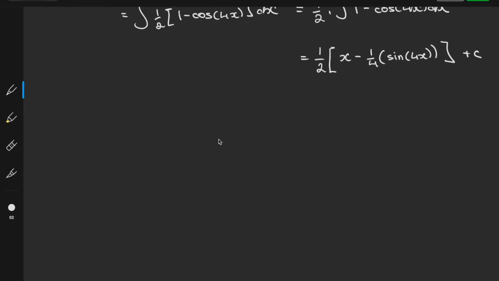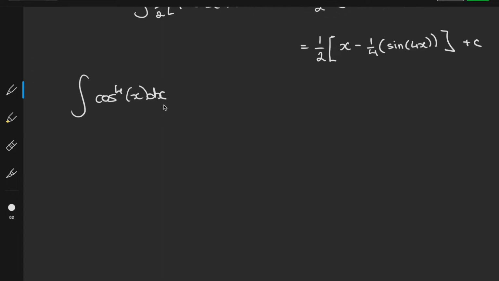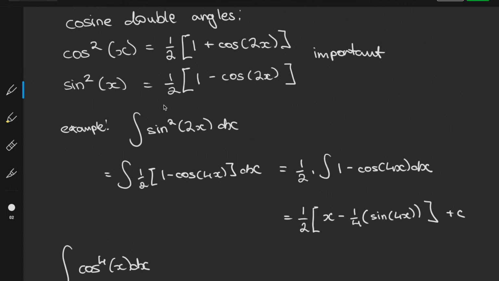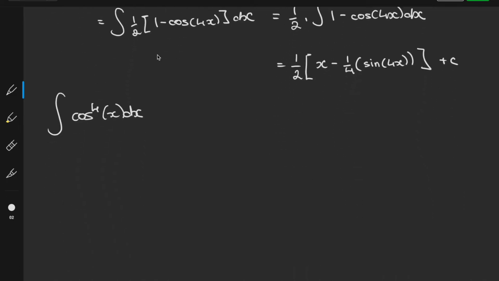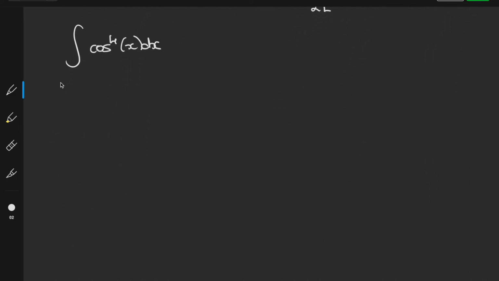But if we want to do something a little bit more complicated, so if we want to integrate the function cosine to the 4 of x dx, what we want to do here is use this double angle identity twice. So of course what we can do is write this as cosine squared x and then all squared again.